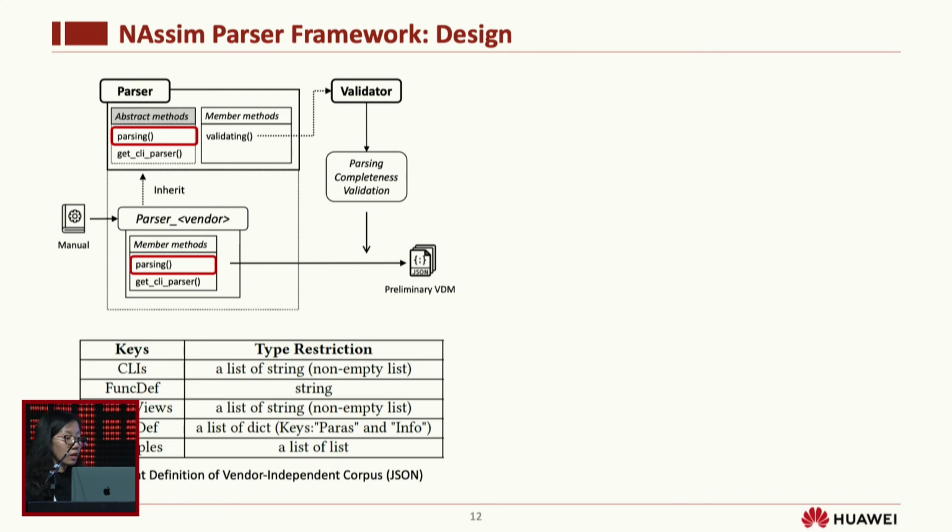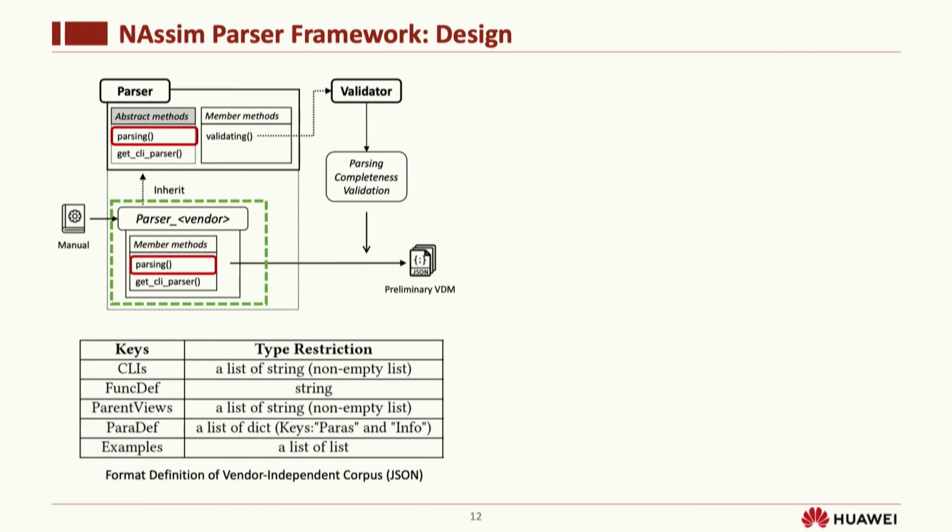Thus, we designed a unified format with its dictionary with keys and value type constraints as shown in these figures, to consolidate diverse menu styles. And for each mainstream vendor, we build a parser to convert its menu to this unified format.